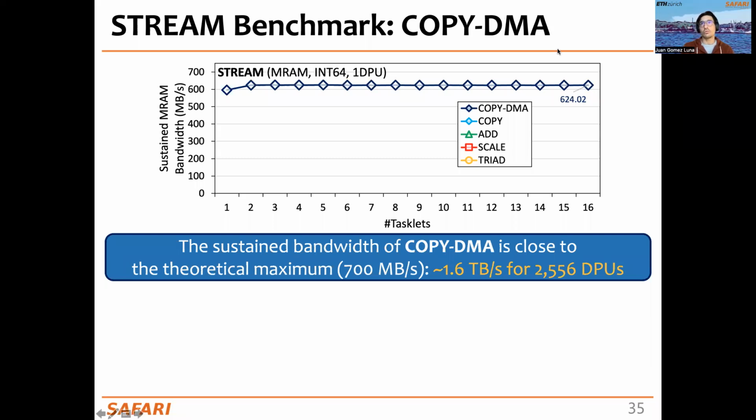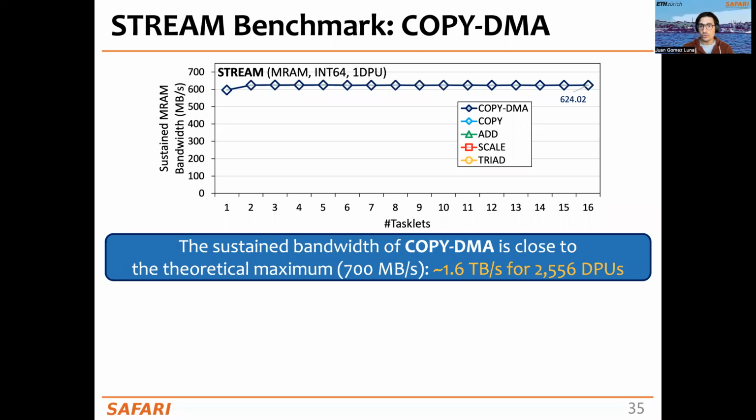We are at around 624 megabytes per second, and this translates into about 1.6 terabytes per second for a full UPMEM system with 2,556 DPUs. This bandwidth can be higher if you have more DPUs, and can be higher as well if these DPUs operate at higher frequency.